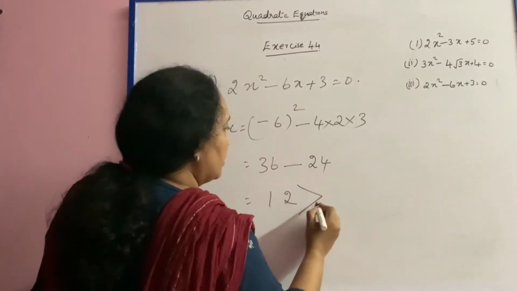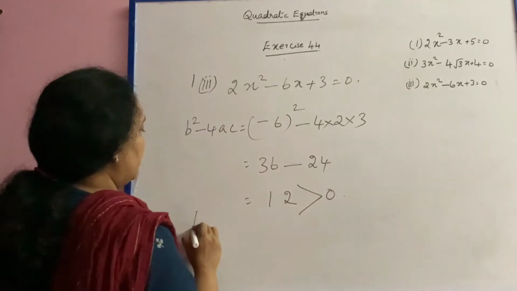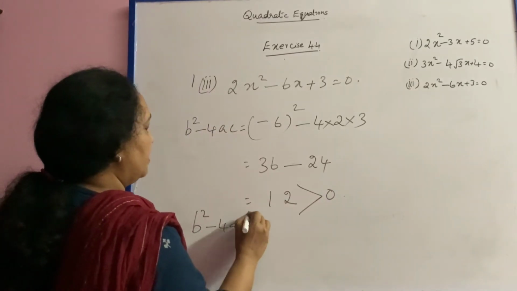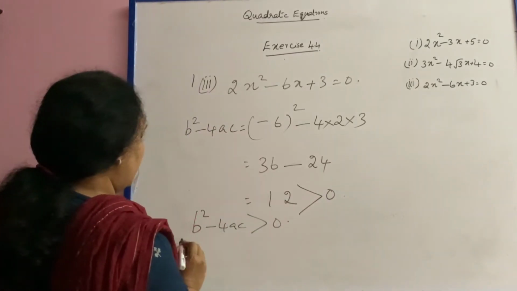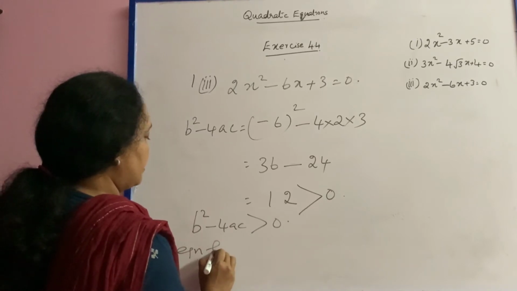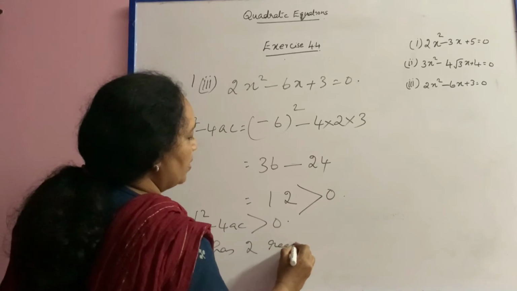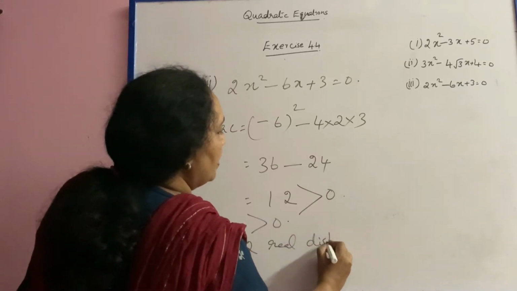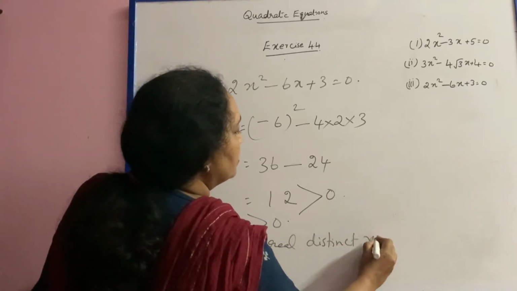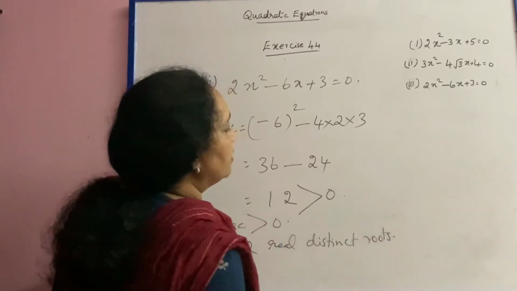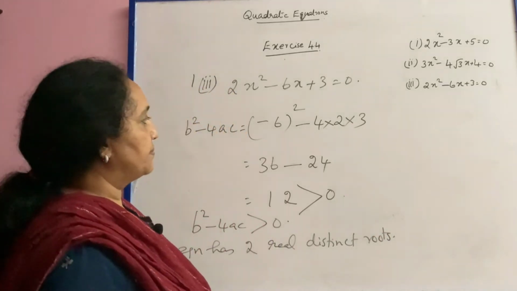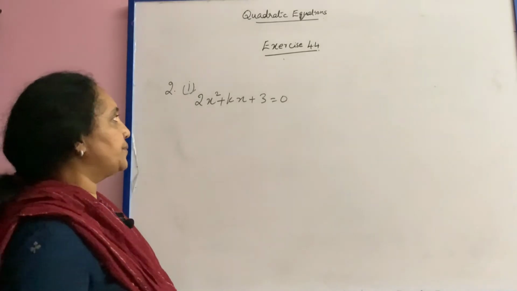This is greater than 0. Here b square minus 4ac is greater than 0. So the equation has two real distinct roots.